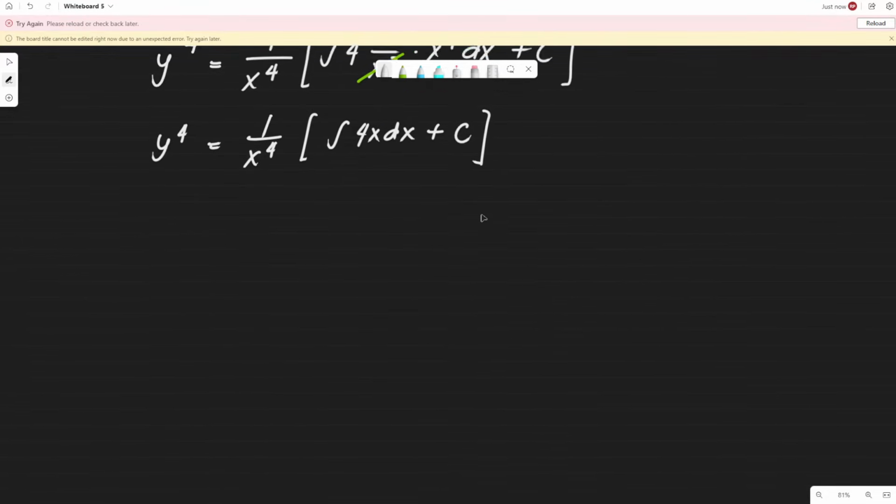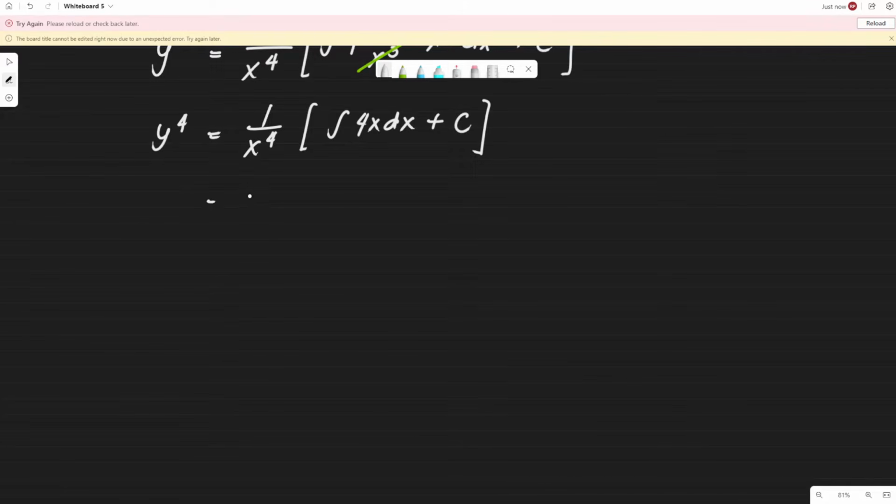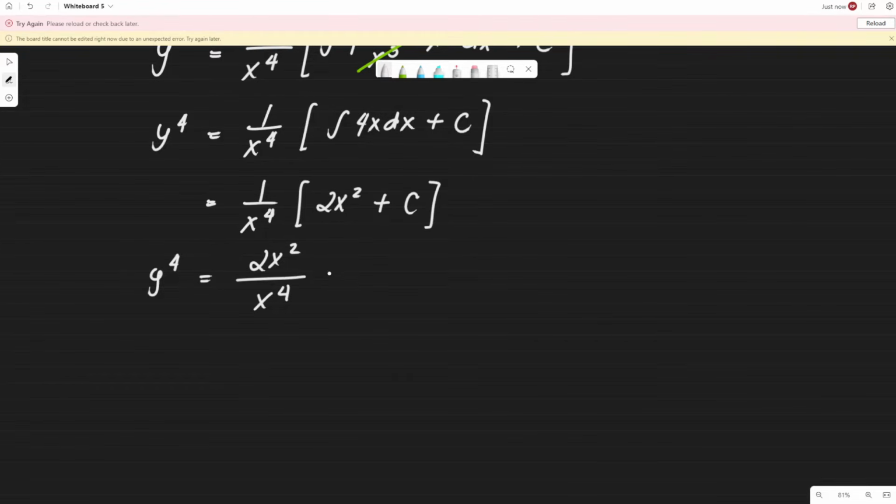So we have 1 over x raised to 4. The integral of 4x dx is 2x squared plus c. Then distribute. So we have y raised to 4 is equal to 2x squared over x to the 4th plus c, or plus c over x raised to 4.